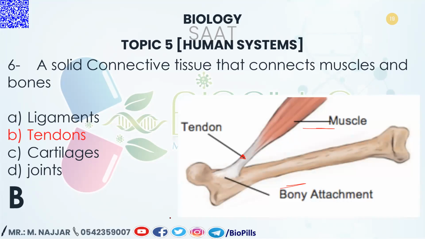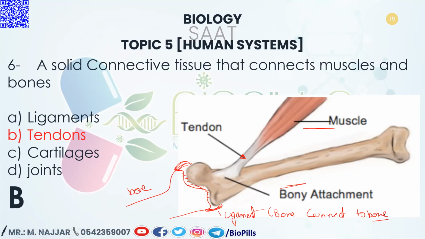If we assume that there is another muscle and another bone like this, just an assumption, so this is another bone. Those bones are connected together by a strong fibrous tissue known as ligament. So we can say bone connects to bone by ligament, and muscle connects to bone by tendon.